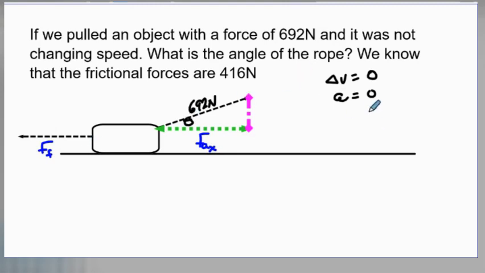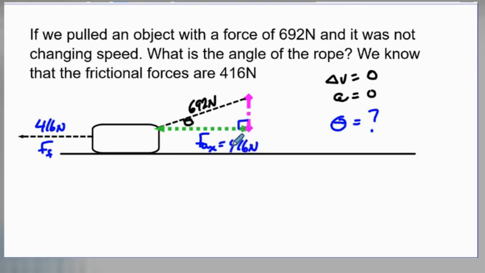The problem is that we want to find our theta. We want to find what angle it's pulled at. And then one last piece of information that's super important is that the frictional force is 416 newtons. So once I know that this is 416, that tells me that this is also 416 newtons.